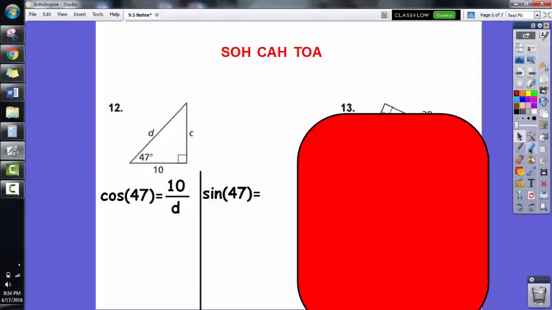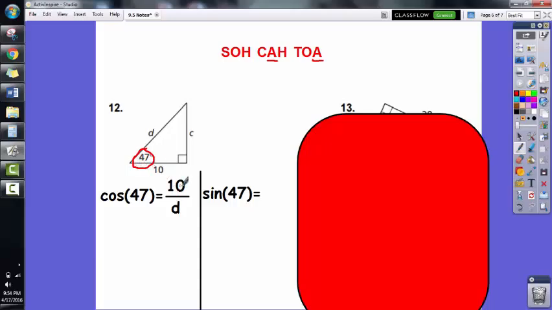For 12 and 13, these ones are a little bit different. If you go ahead and take a look at the angle, 47-degree angle. Okay, the side that you know in relationship to 47 degrees is the adjacent side. So that tells you you either have to use the cosine function or the tangent function. Because we're trying to practice using sine and cosine, we're going to use cosine. So if I set up the cosine, that's adjacent over hypotenuse.